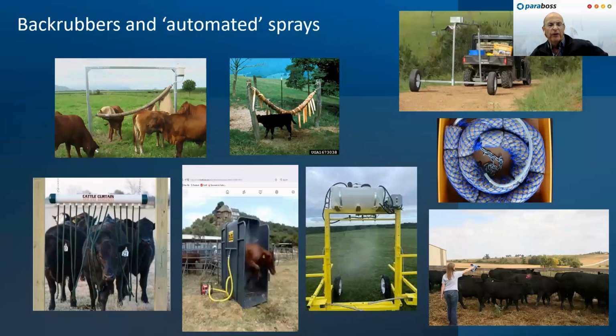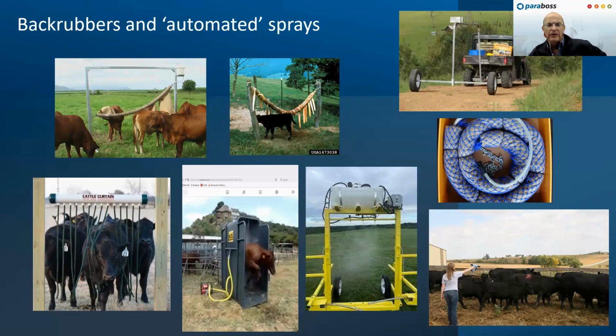The other automated ways that we can think of treatments are these spray races, where you run the animals through. These will require quite regular retreatment in most instances. And then I've got a couple of things that are used a little bit in the US.